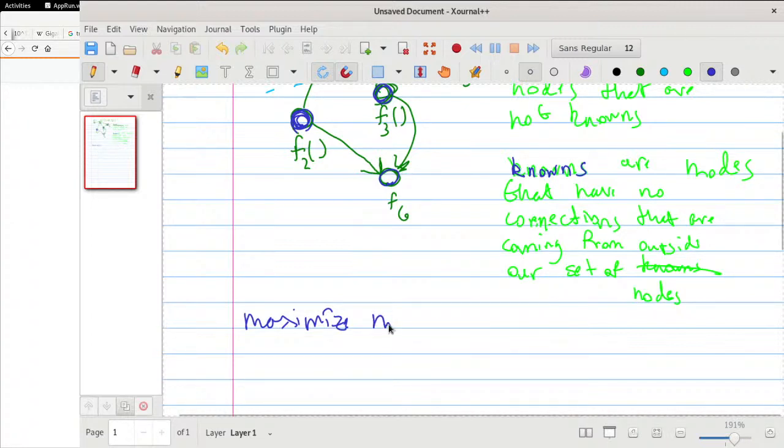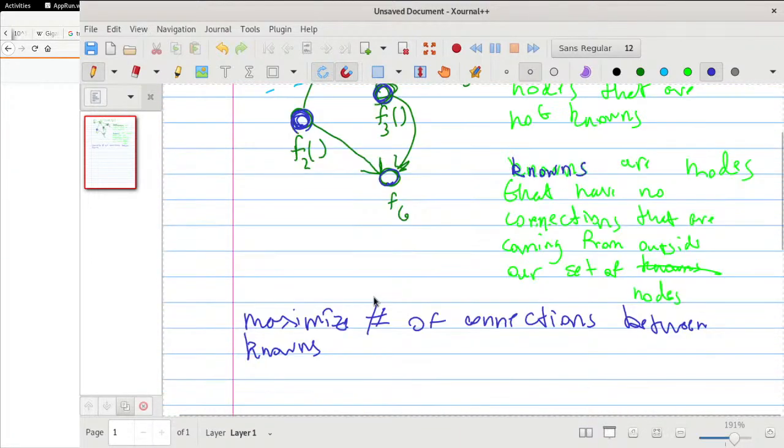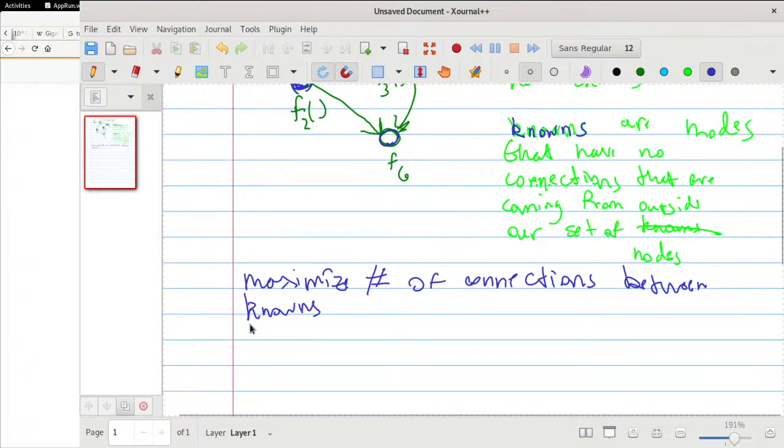We want to maximize the number of connections between knowns. We also want to maximize the total number of knowns.